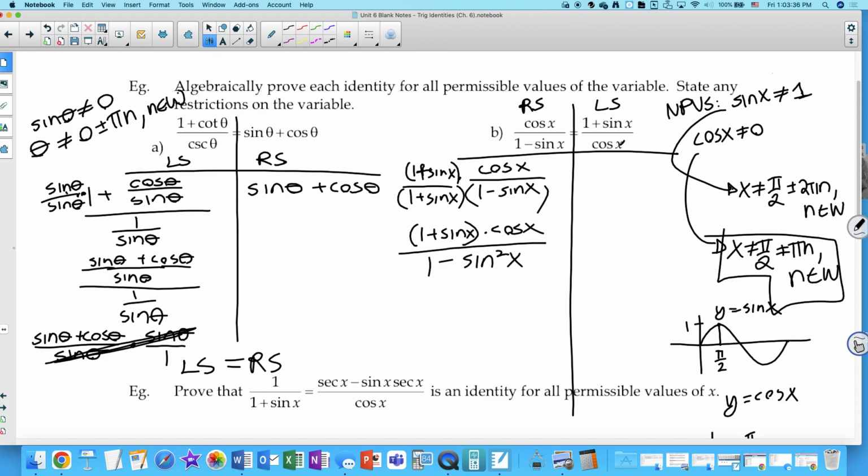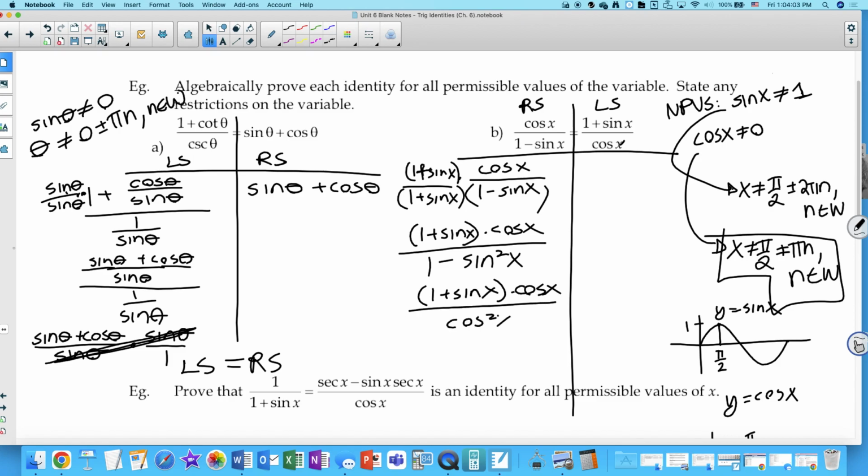So now what? Yeah, the denominator is part of that Pythagorean identity. So what can I substitute in for the denominator? Cos squared x, right? So 1 plus sine x times cos x, this is now over cos squared x.